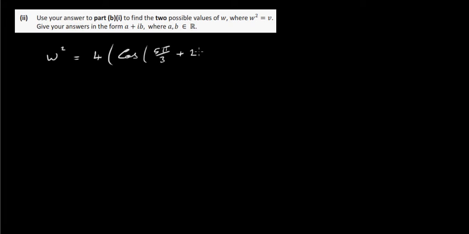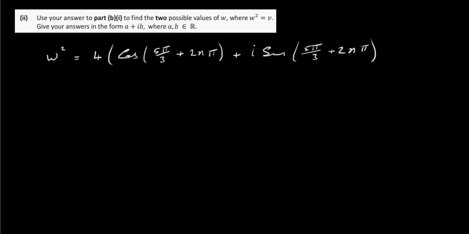In fact, you're going to add in 2n pi, any number of full circles. If n is 1, you've gone all the way around the circle once, 2 pi. If n is 2, you've gone around twice, 4 pi, and so on. This is our general polar form. So we've got i sine 5 pi over 3 plus 2n pi.